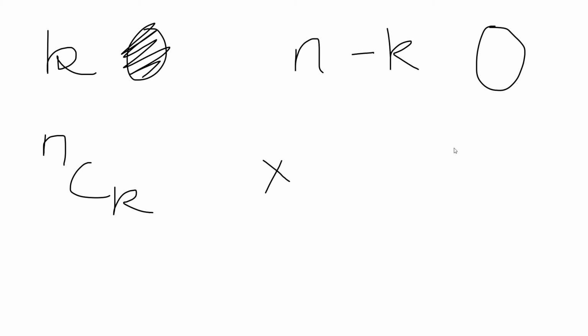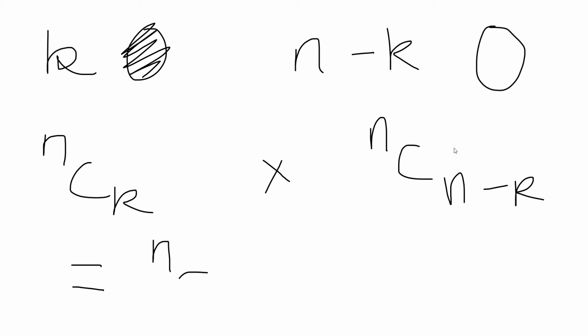So nCk into nC(n minus k) is basically nCk whole square. Now if we take all these cases and sum them, what we get is nC0 square plus nC1 square up to nCn square. And from a different point of view, it was also 2nCn. So basically we counted this two ways to prove this identity.